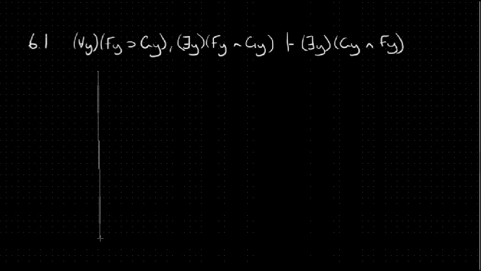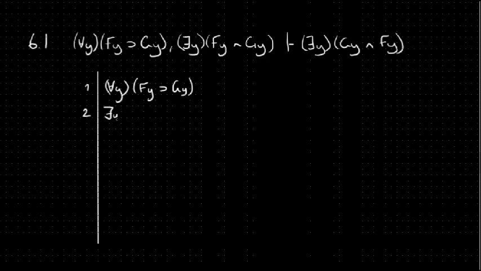So let's draw out our scope bar, two premises that we've got, and we're trying to get down to the conclusion, there exists a y such that gy and fy.